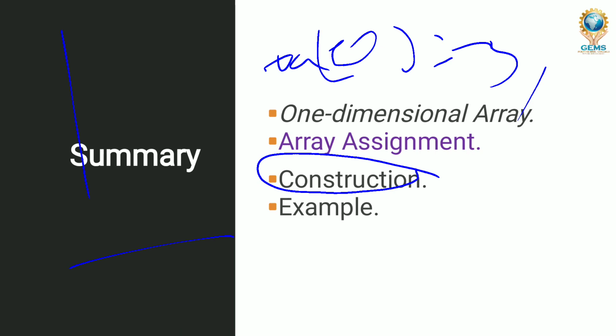And array assignment means giving the values, or allocating the values, or assigning the values to the array. All of you know how to construct a one dimensional array or multi-dimensional array.